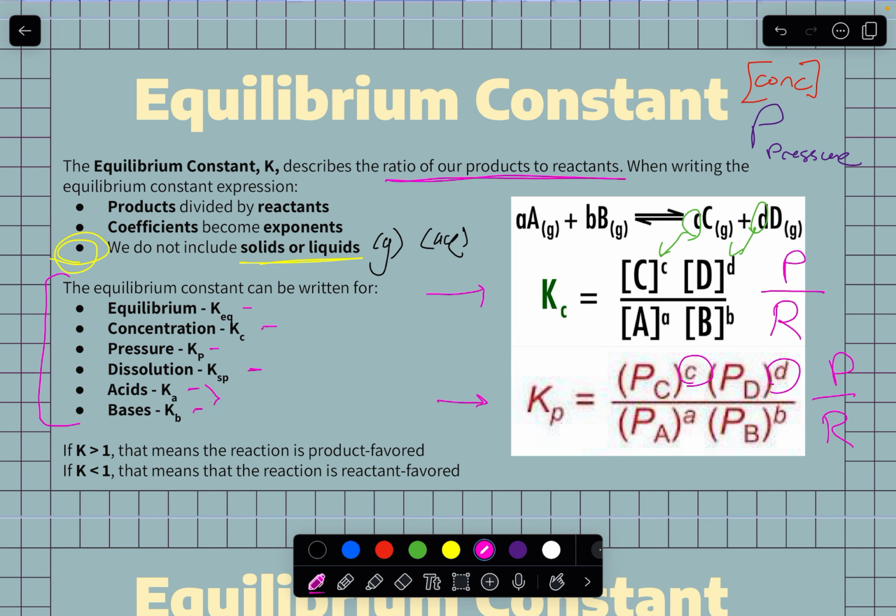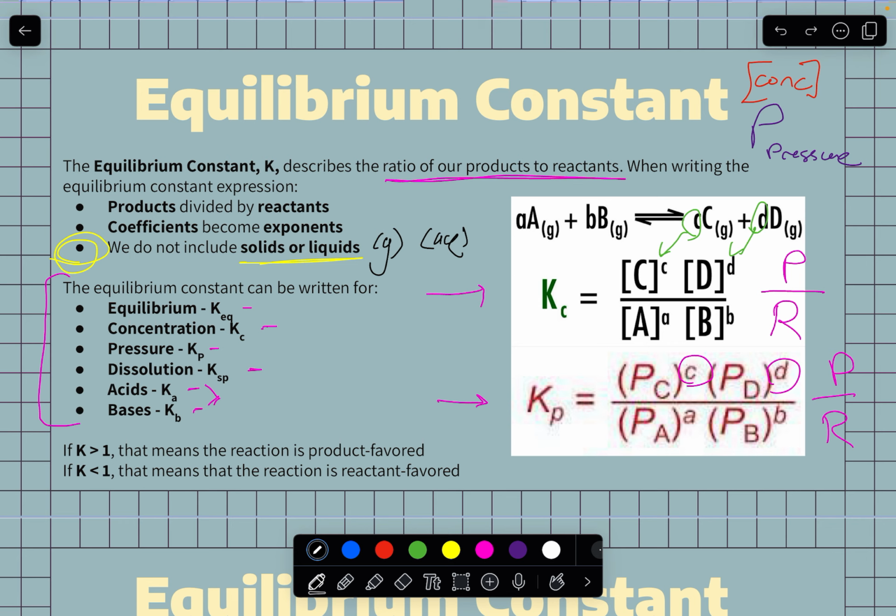These two we'll talk about next unit. So there are a lot of different ways to write the equilibrium constant, but they all mean the same thing. It's still a ratio of our products to our reactants. Anytime you see that capital K with something underneath it, it's an equilibrium constant, and you're doing your products divided by your reactants. So don't let the 10 different ways we can show it mess you up. They mean the same thing.